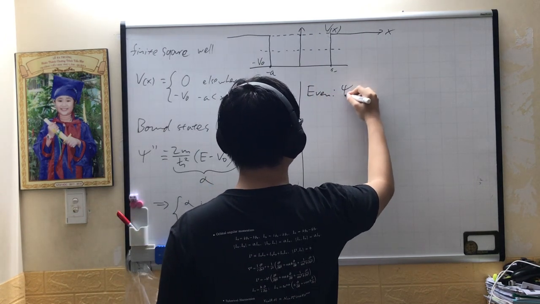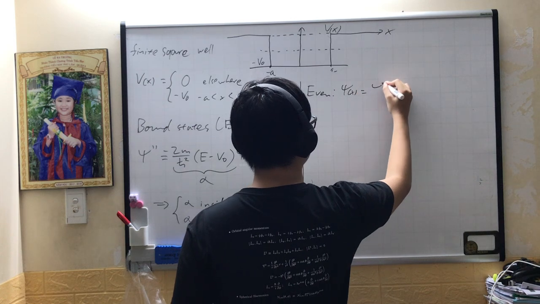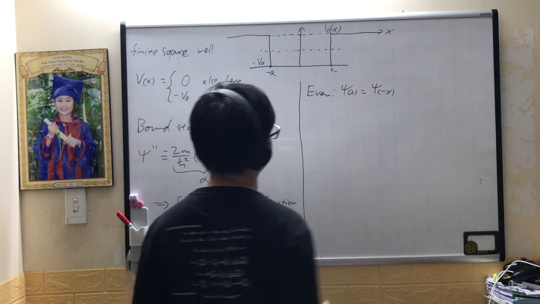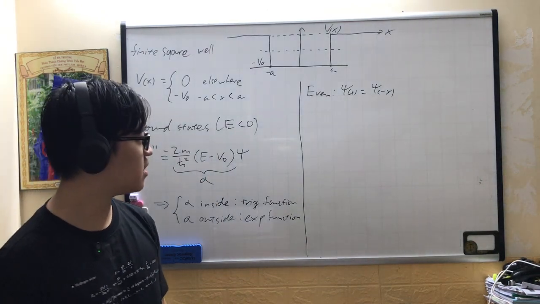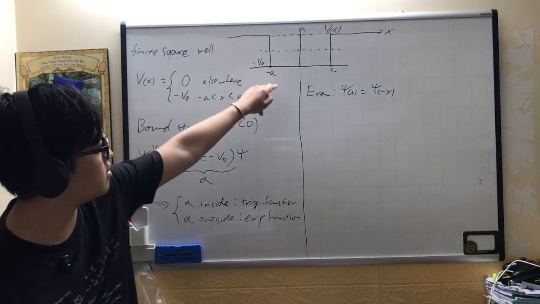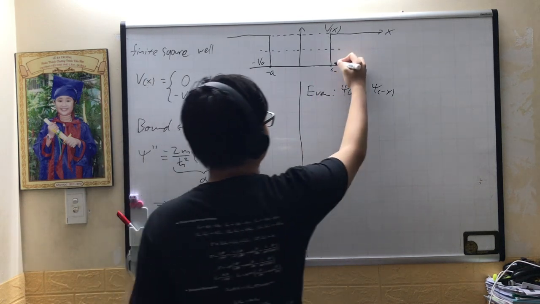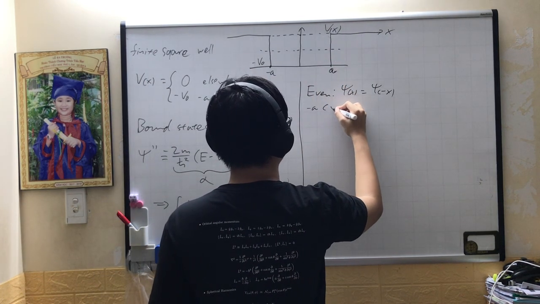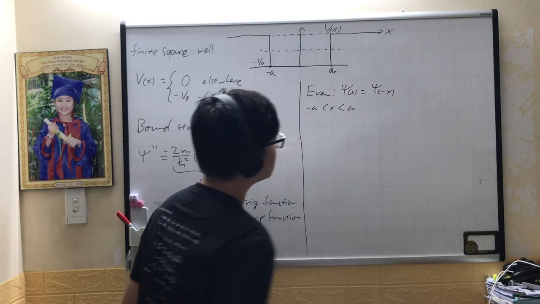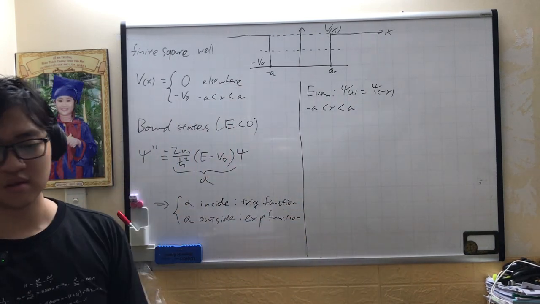Even means your psi of x would be equal to your psi of minus x. And for the even solution, let's start with x inside the region.